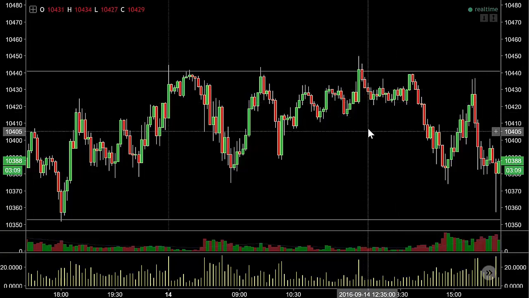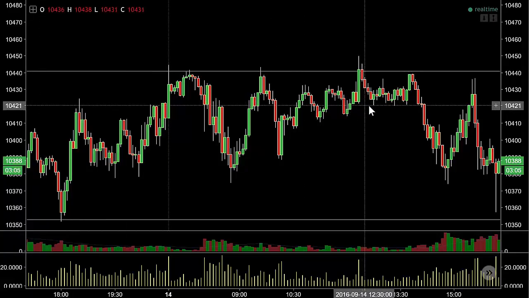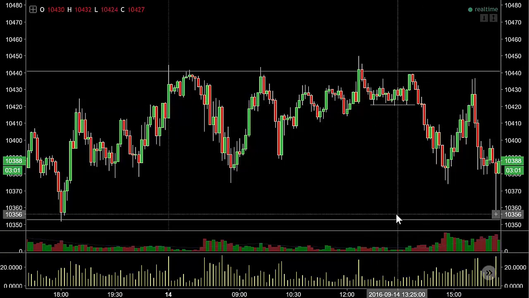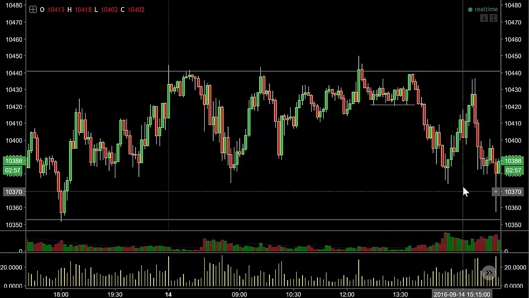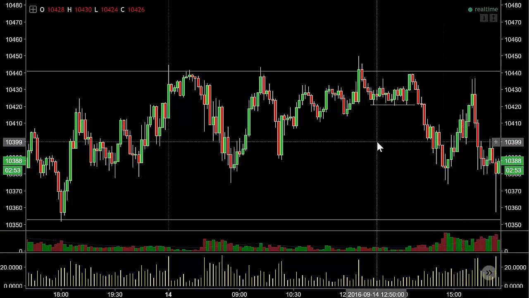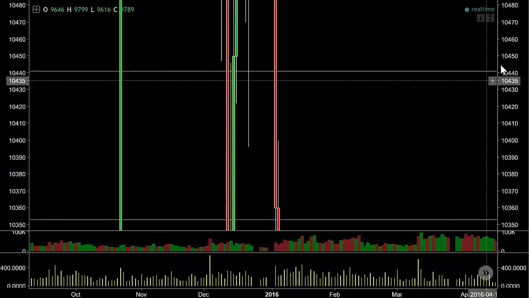So that's information for me, and I can even go right the way down and say, well, actually, look, I've got a really short-term support here over a 15-minute period. So I've got a 15-minute support, and then eventually that support broke, and you can see how the momentum took the price through. So it's very important to be marking these down on your chart, as it is to be looking at your bigger time frames as well.